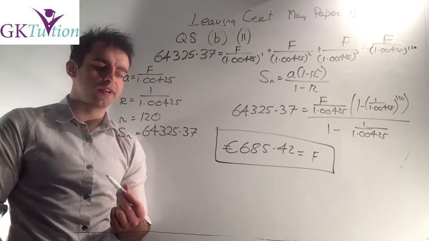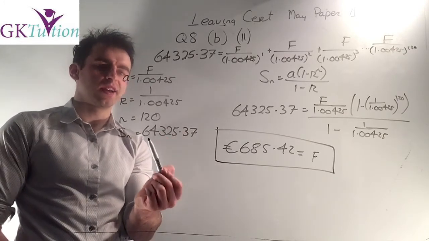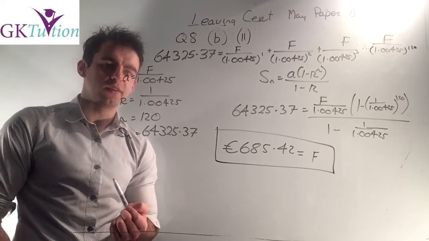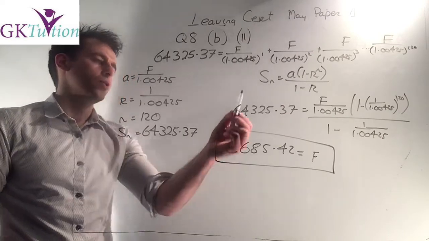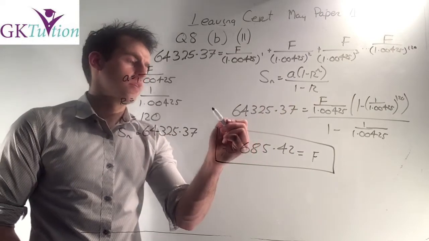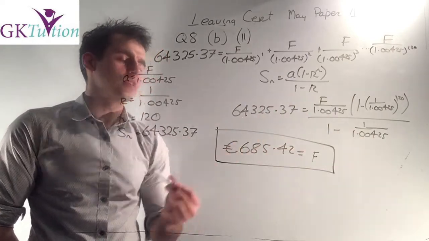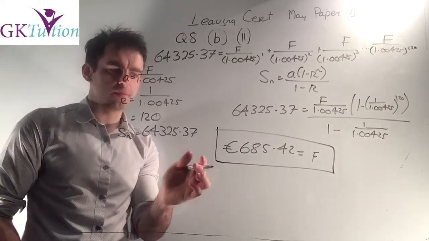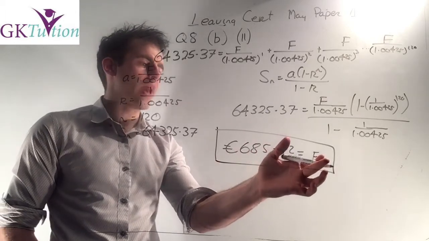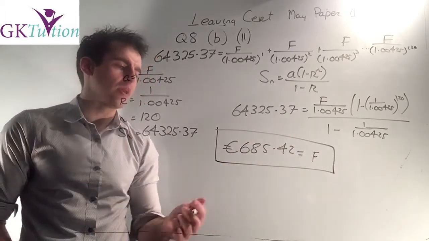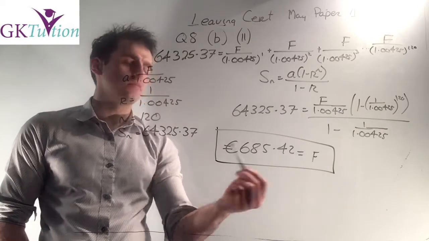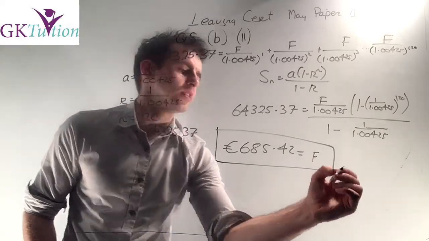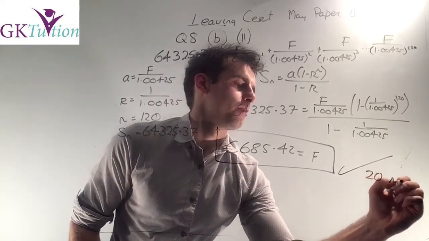There's 120 repayments, and Sn has to add up to $64,325.37. If you just plug that into your Sn, my only unknown is F. And if you manipulate that around, you should end up with F. The value of each future repayment will be $685.42. And there was 20 marks going for that bit.